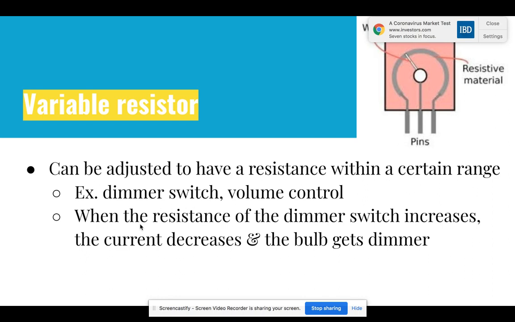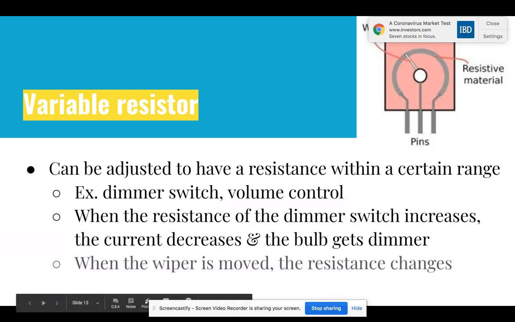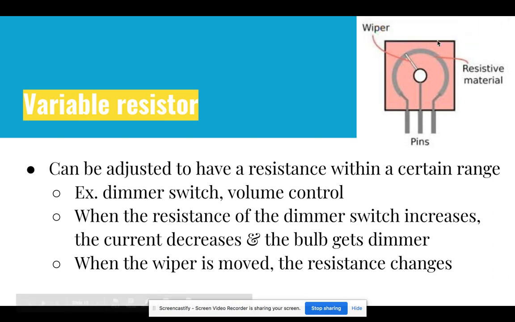Okay. So when the resistance of the dimmer switch increases, the current decreases and the bulb gets dimmer. When the wiper is moved, the resistance changes. So as this little wiper goes back and forth, that increases or decreases the resistance.